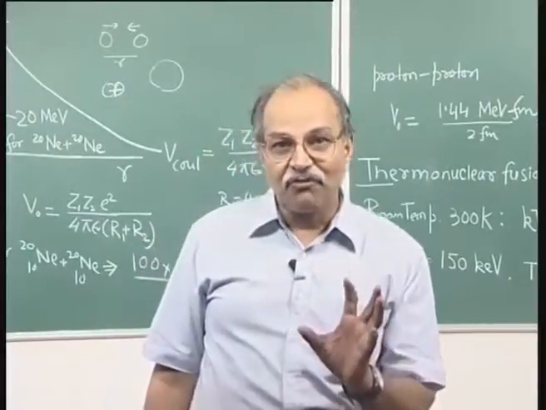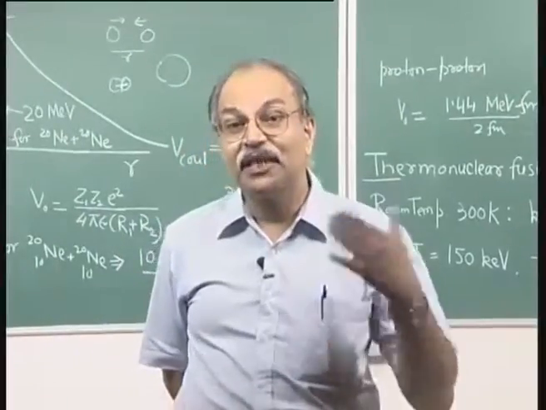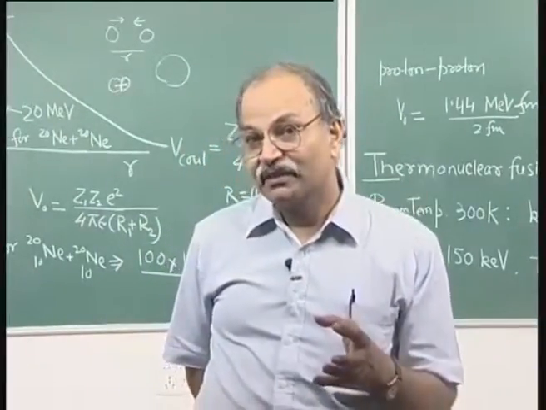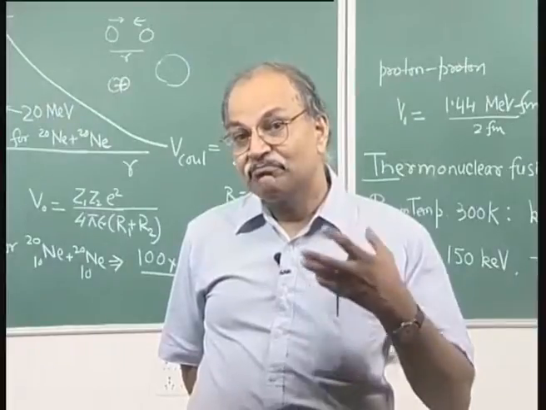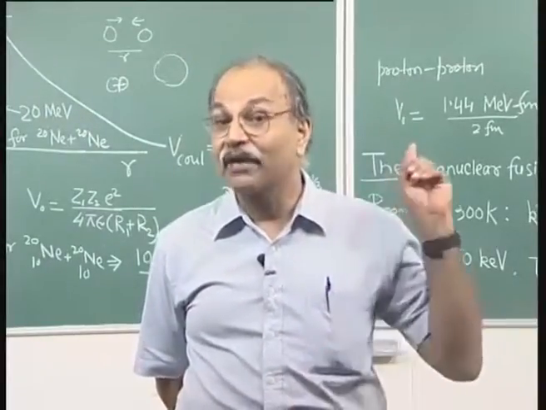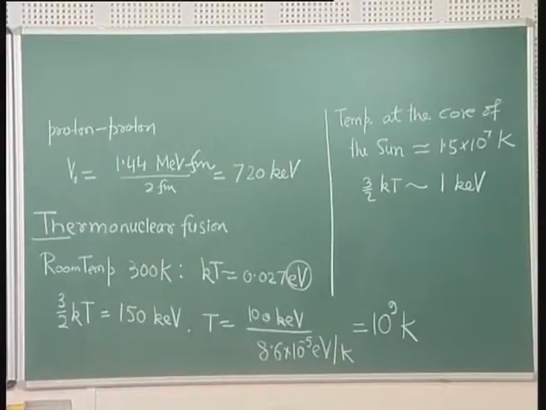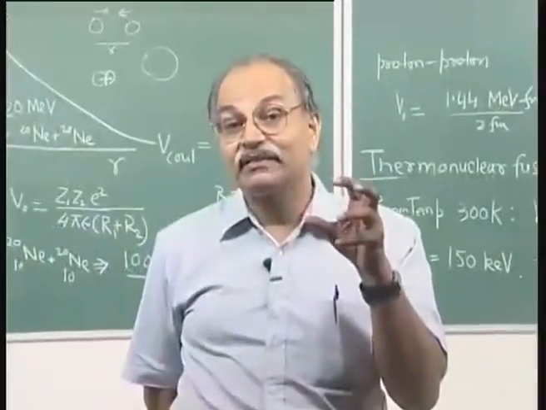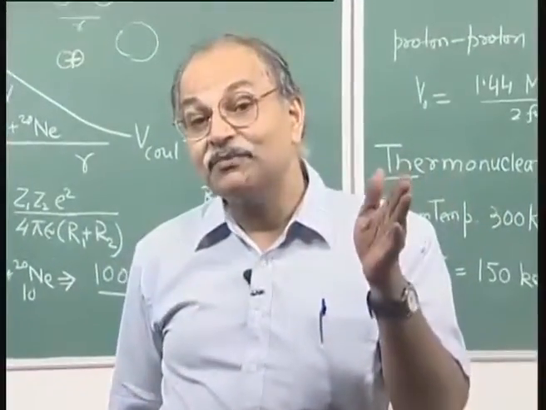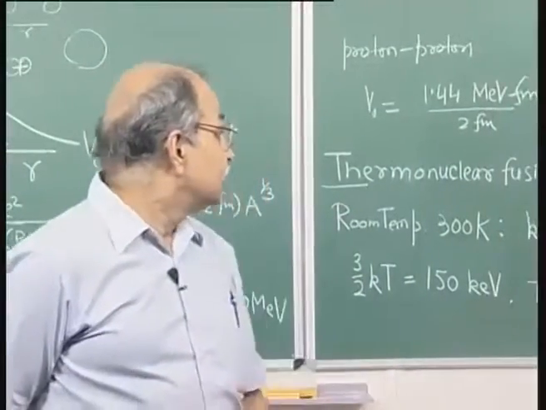The pressure of hydrogen there is something like 200 billion times our atmospheric pressure. The density of hydrogen in the core region of the sun is some 160 times the density of water we have here.